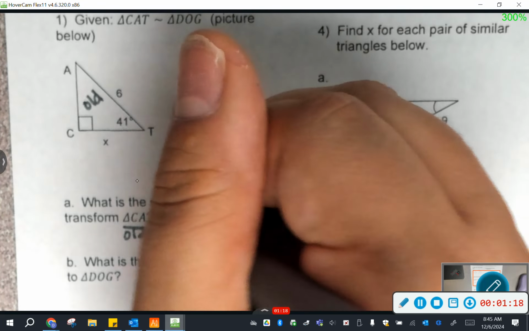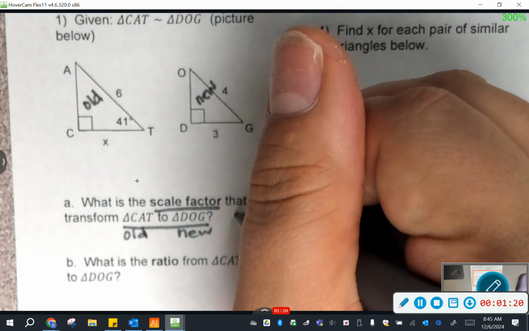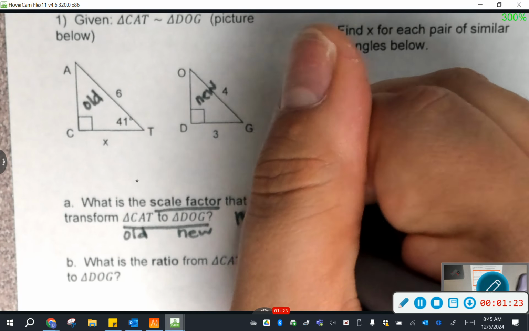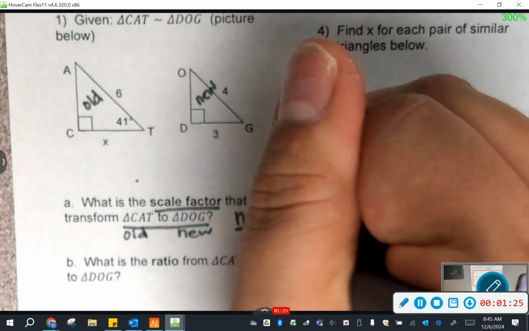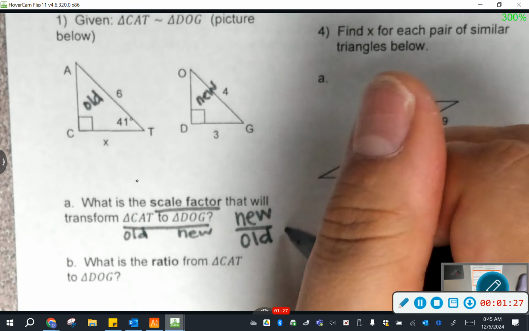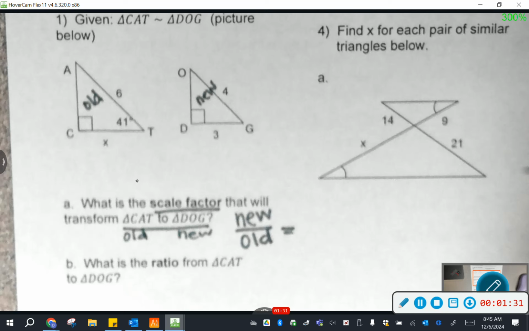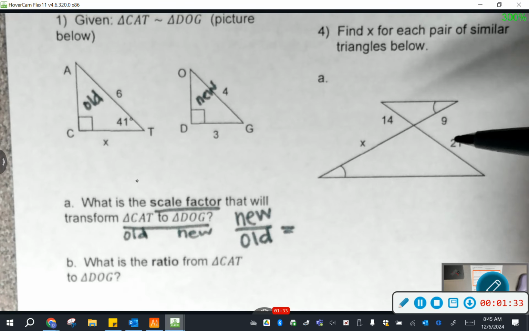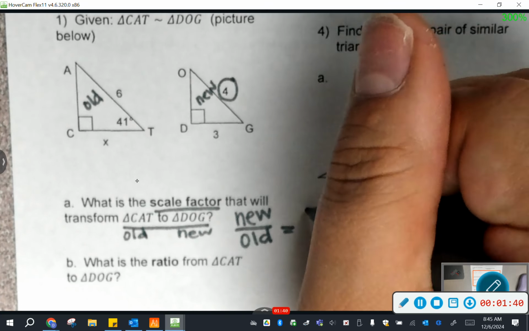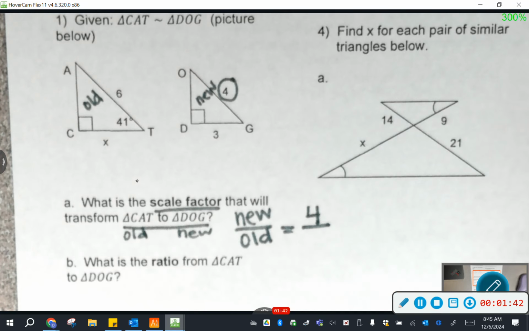Remember that scale factor is what? New over old. So, what does my new equal? What number are you going to use, though? 4. What's my old?